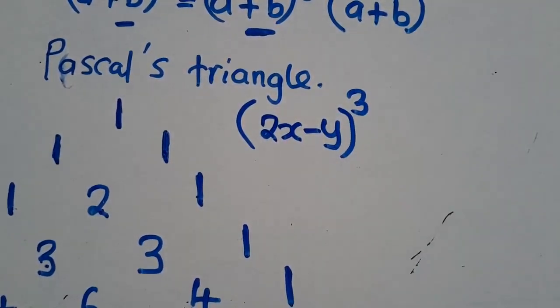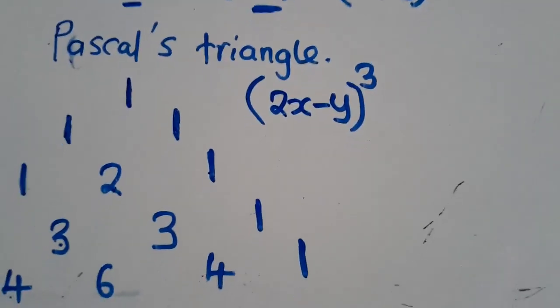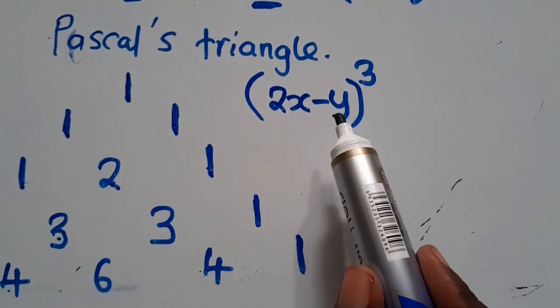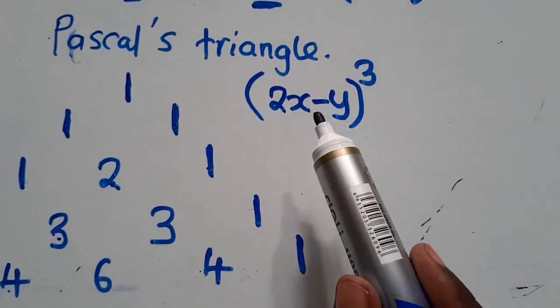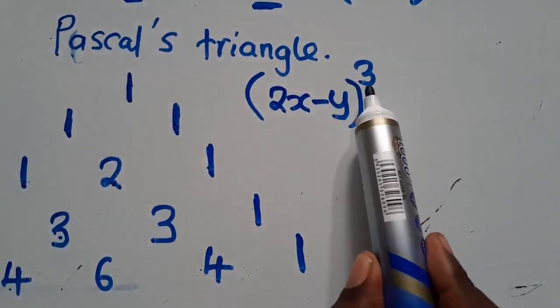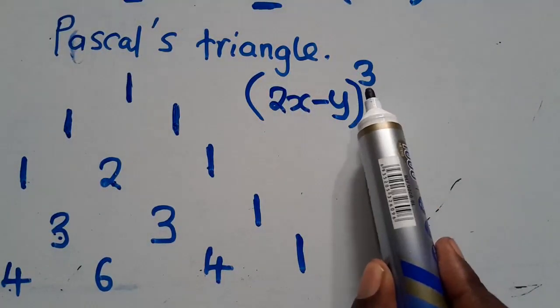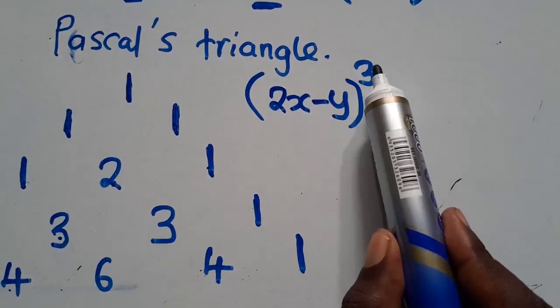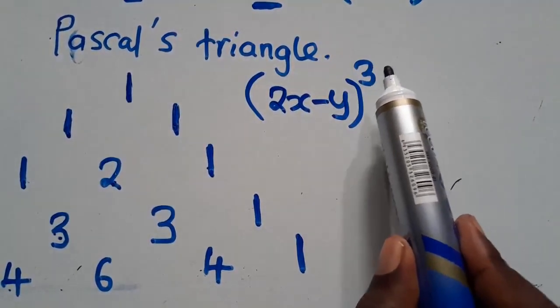How can you expand this? You know that expanding this using Pascal's triangle, this one has power 3. When it has power 3, it is going to increase by 1 term, so it is going to have 4 terms.